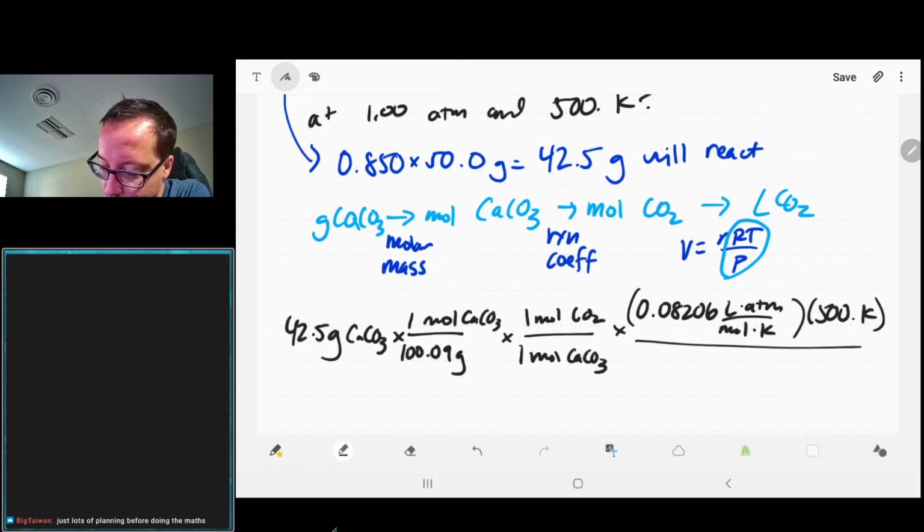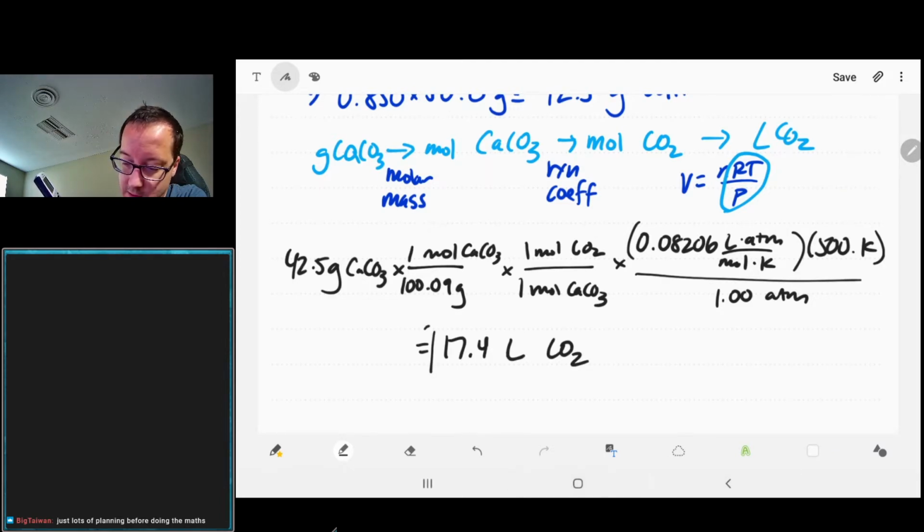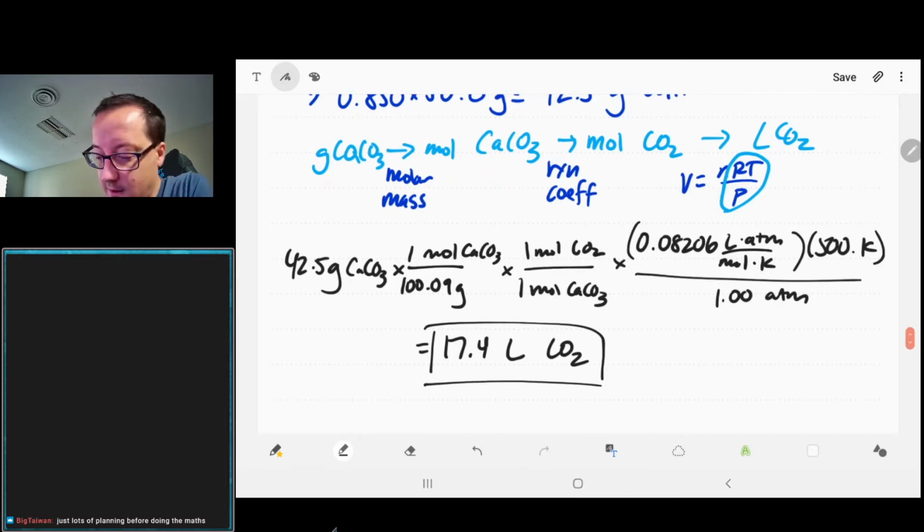And then the pressure was 1 atmosphere. Doing all this fun stuff. Let's see what we get. 42.5 divided by 100.09 times 0.08206 times 500. Do this, we get 17.4 liters of CO2. And we're done. That is our actual yield of CO2.